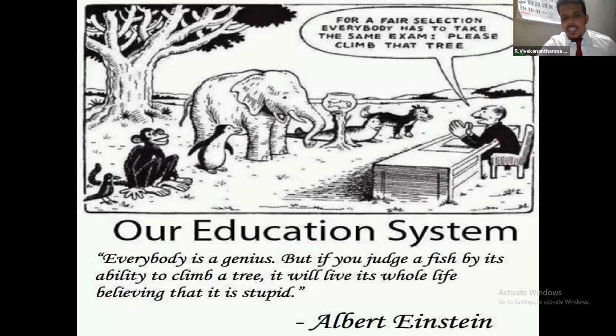That depends on that. Once Einstein said that everybody is a genius, but if you judge a fish by its ability to climb a tree, it will live its whole life believing that it's stupid. So what he tried to mention to the world is that there are different people and different students in the classroom.